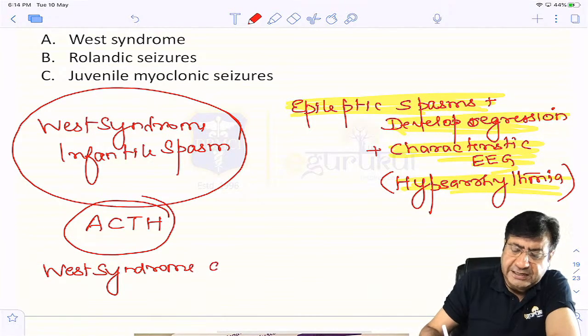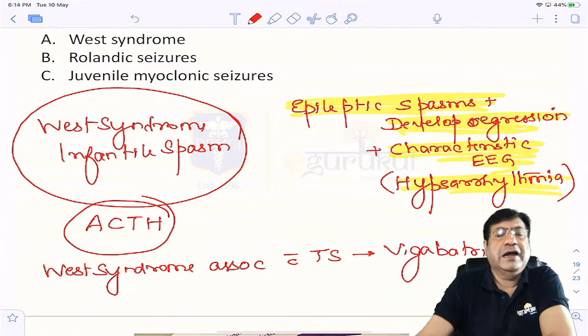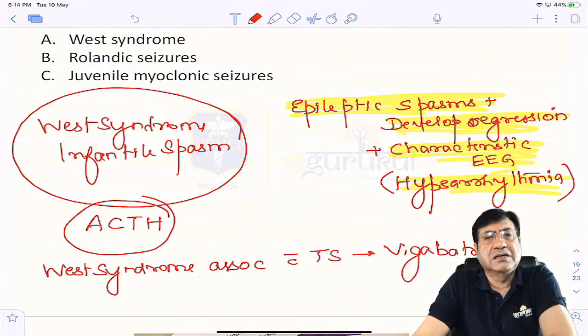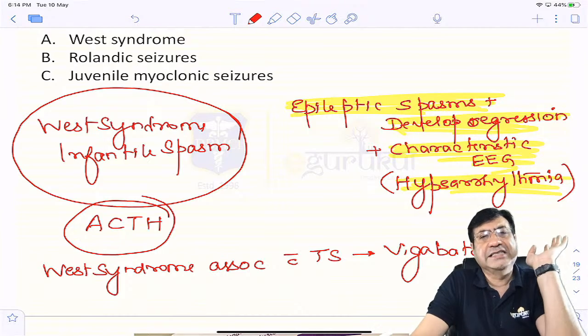Otherwise, the drug of choice for West syndrome and infantile spasms is always ACTH. Prednisolone or steroids have also been used in some cases as a third line alternative, but the best drug of choice is usually ACTH.